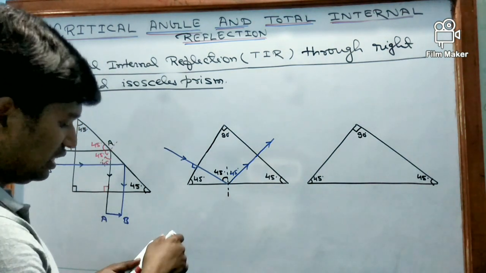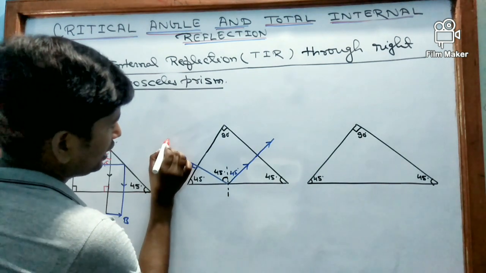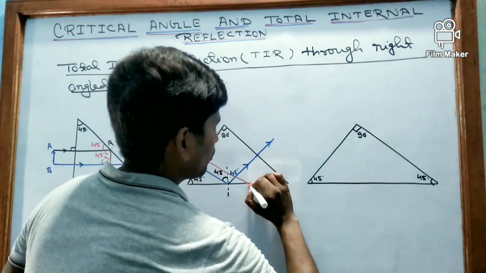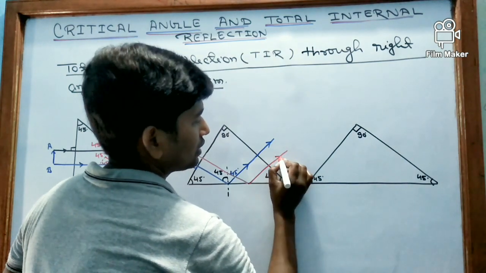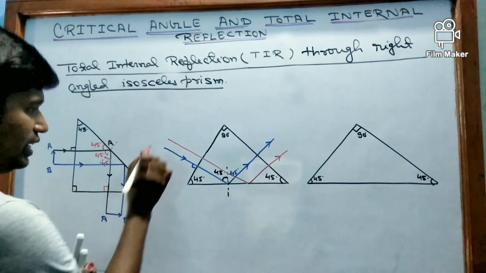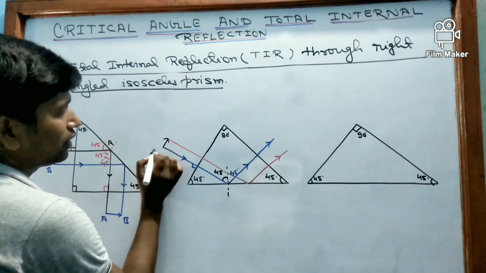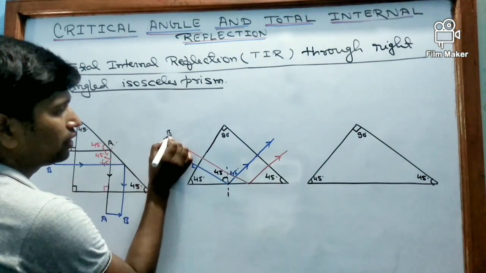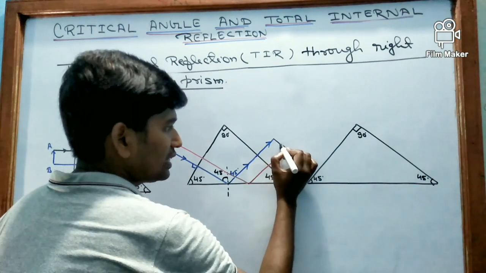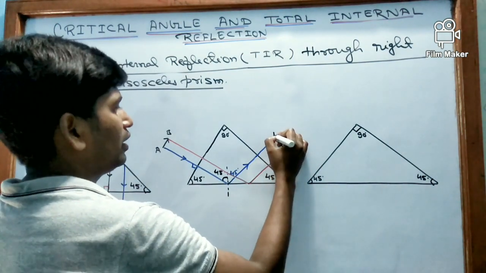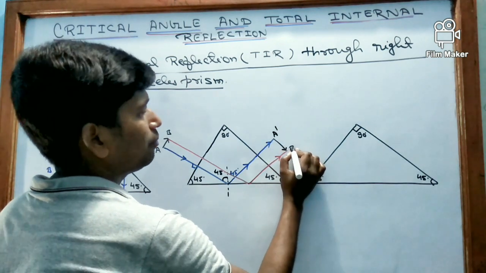If we show another ray for this, it will also pass like that. Suppose there is an object AB, we can see it in this way, that is A dash and B dash.